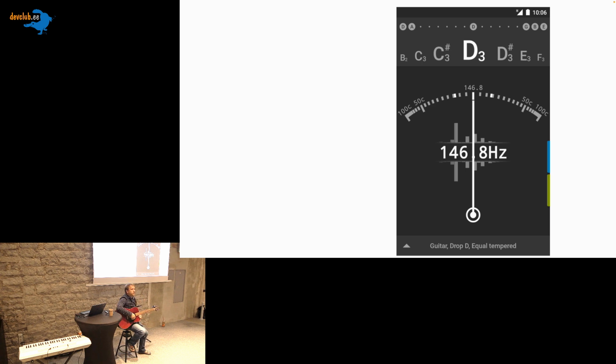Technically speaking, the frequency of this sound wave goes down. Now the sound wave is maybe 100 times a second, and if I tighten the string, then the sound wave goes higher and higher, and now the frequency of this sound wave is maybe 200 hertz, or times per second, something like that.